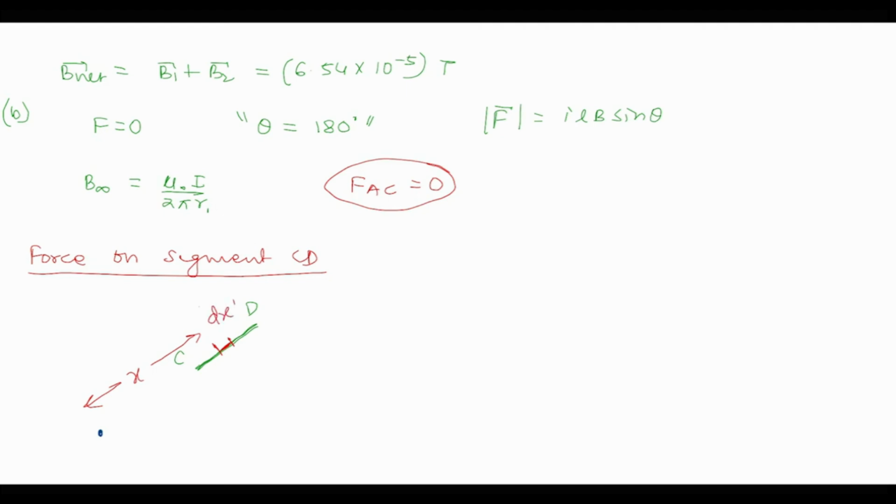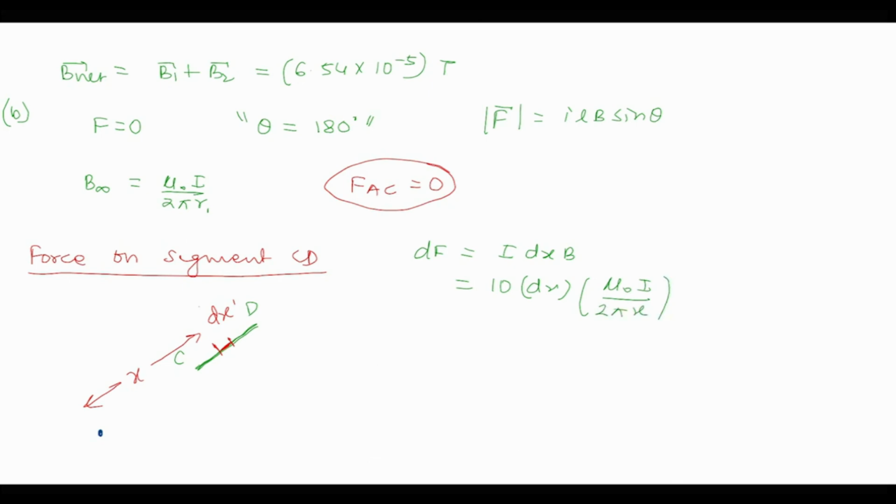This small force can be designated as dF, which is equal to I dx into B, where dx is the length of the small segment. So the current is 10 ampere, dx, into the value of magnetic field, since it is an infinitely large wire, mu naught I upon 2 pi x.